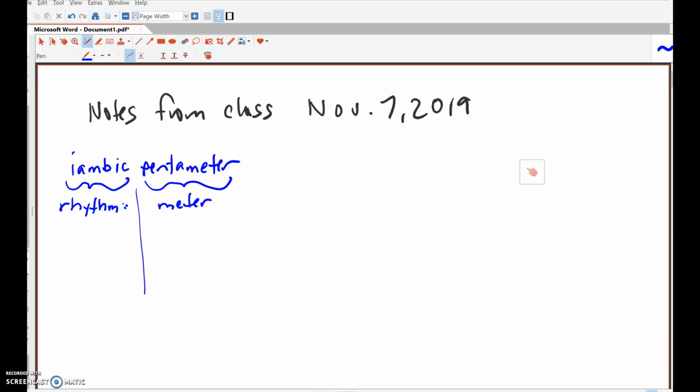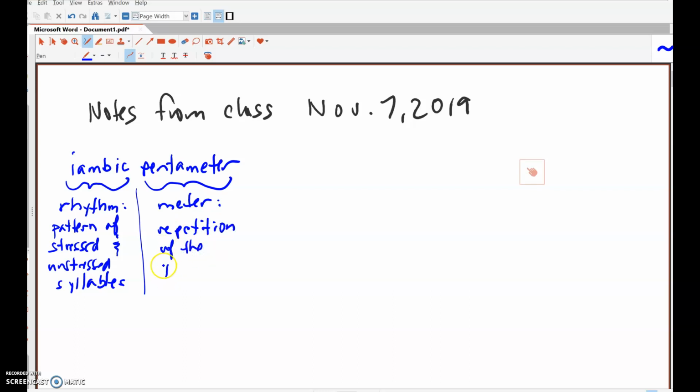Rhythm is a pattern of stressed and unstressed syllables, and meter is the repetition of the pattern. So the pattern is the boom boom, and the meter is 5 repetitions of that.